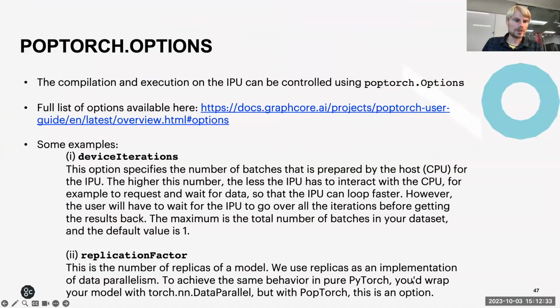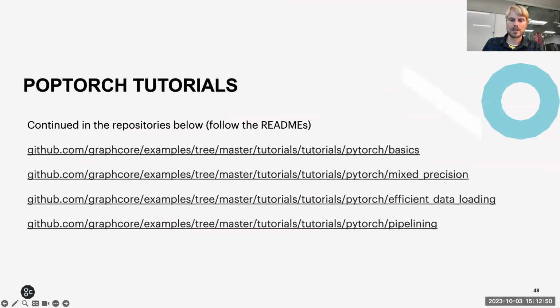Some of the options for PyTorch are mentioned in our documentation, and there are device iterations, replication factor, which is used when you run with multiple replicas, and a few others there. The tutorials are linked on this slide, basically everything under the tutorials PyTorch repository.